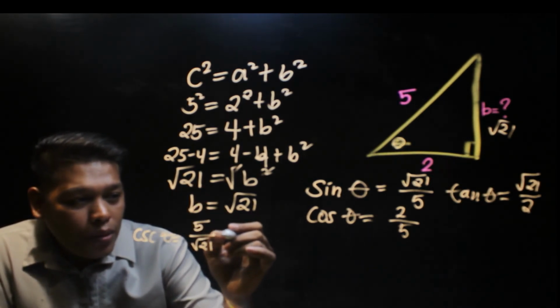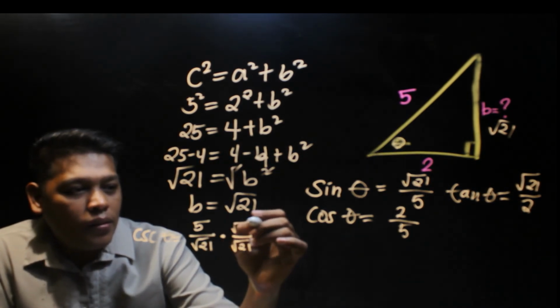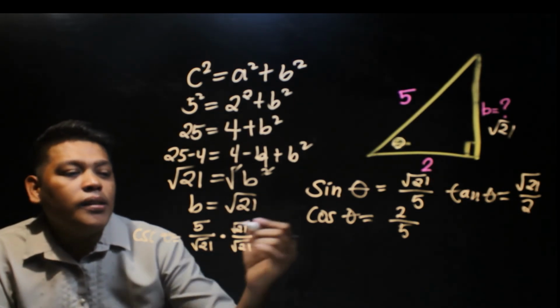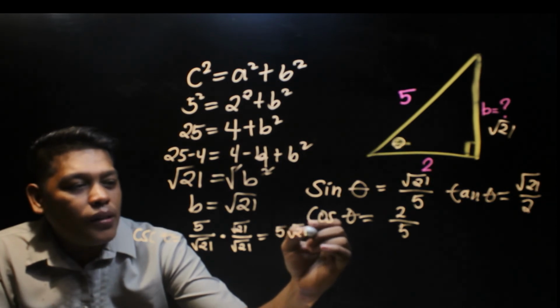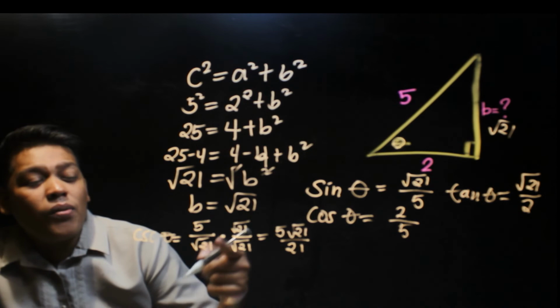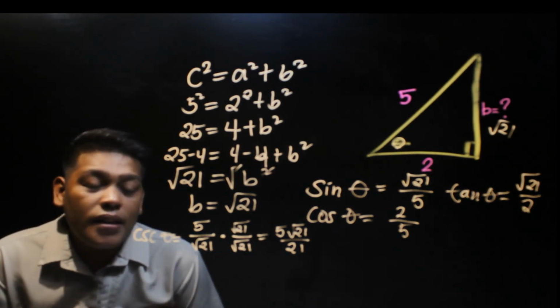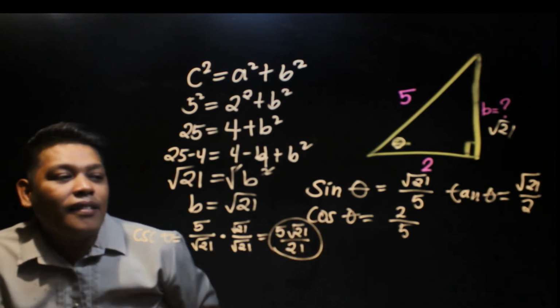We multiply by square root of 21 over square root of 21. It becomes 5 square root of 21 over 21, because square root of 21 multiplied by square root of 21 is 21. Did you get it? So that is the cosecant theta.